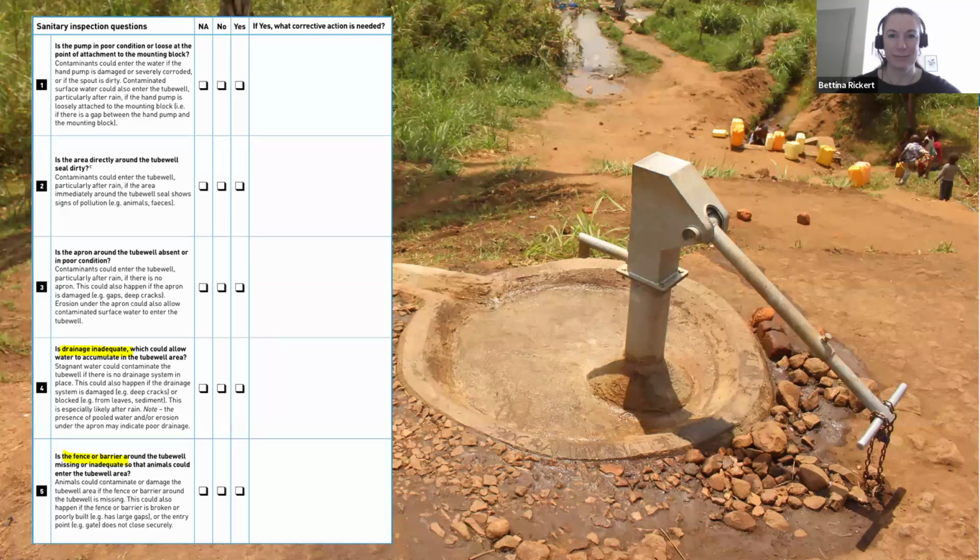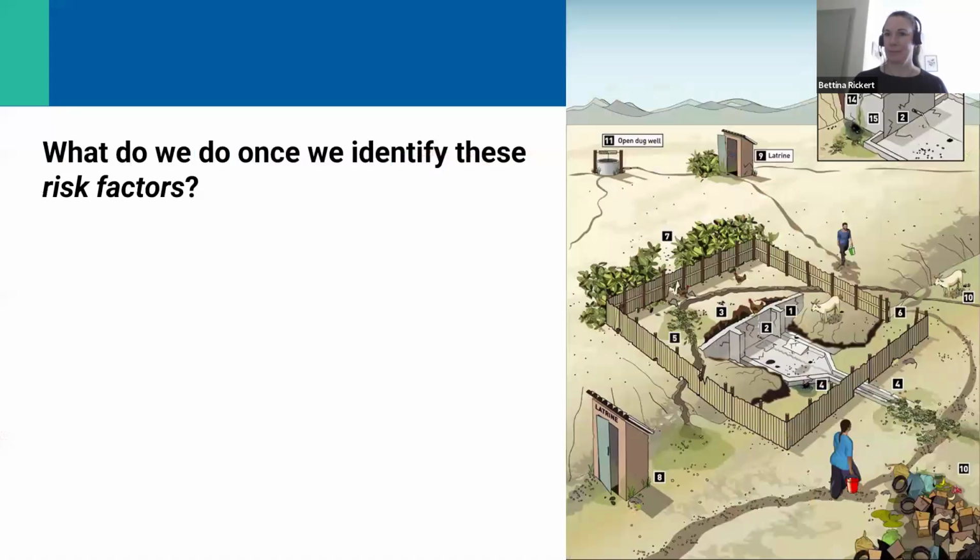But I want to give you guys a chance, anything else you've been thinking about that's maybe come up as we've gone through this call, or anything else you're asking about sanitary inspections. Oh, I have one question actually. I think we've kind of answered it as we've gone through. We're talking about a sanitary inspection being about identifying risk factors.